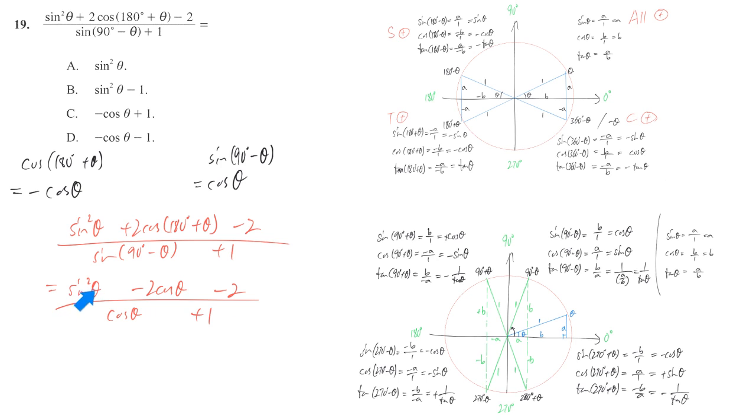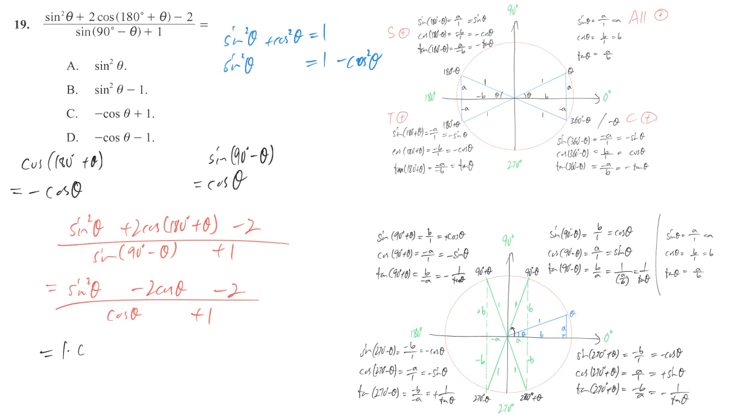The others are cosine, and we know sine square theta is related to cosine by the identity: sine square theta plus cosine square theta is always equal to 1, given that the angles are the same. So sine square theta can be rewritten as 1 minus cosine square theta.